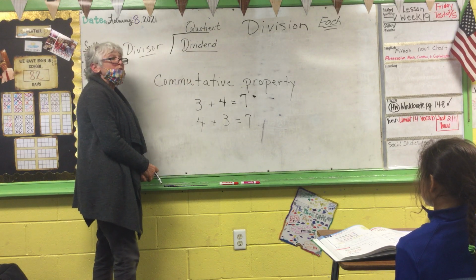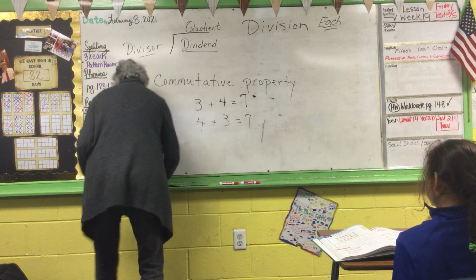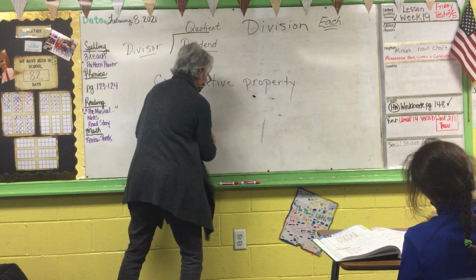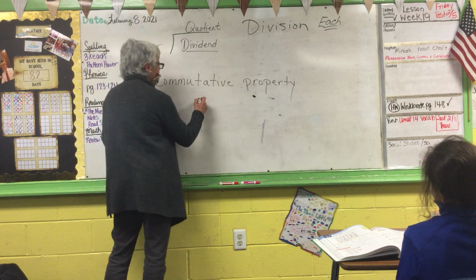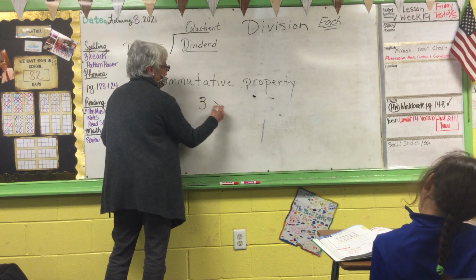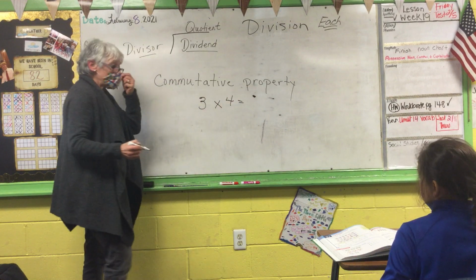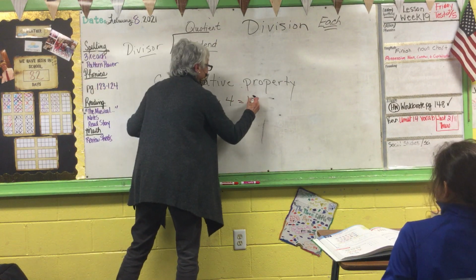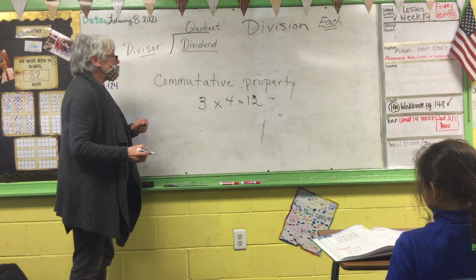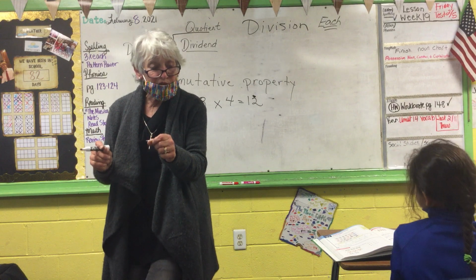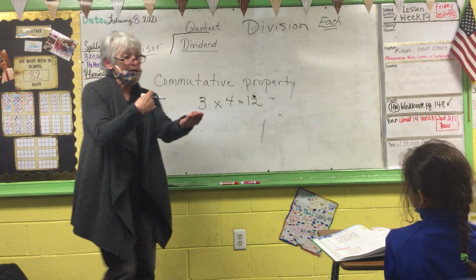Okay. Let's check multiplication. Stick with our 3 and 4. Change that addition sign to times. All right. What's 3 times 4? 12. Yay. If multiplication is commutative, we can flip.